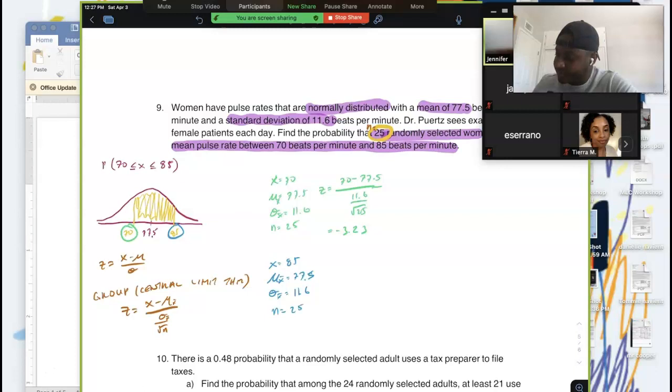N is going to be 25. So we'll have z is equal to 85 minus 77.5 over 11.6 divided by the square root of 25. All right, and that'll give me positive 3.23.